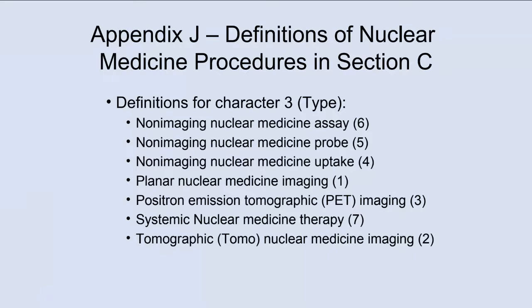So these all are in there, and these are there as main terms in the index. So if you look up tomographic nuclear medicine imaging, that will be in the index.